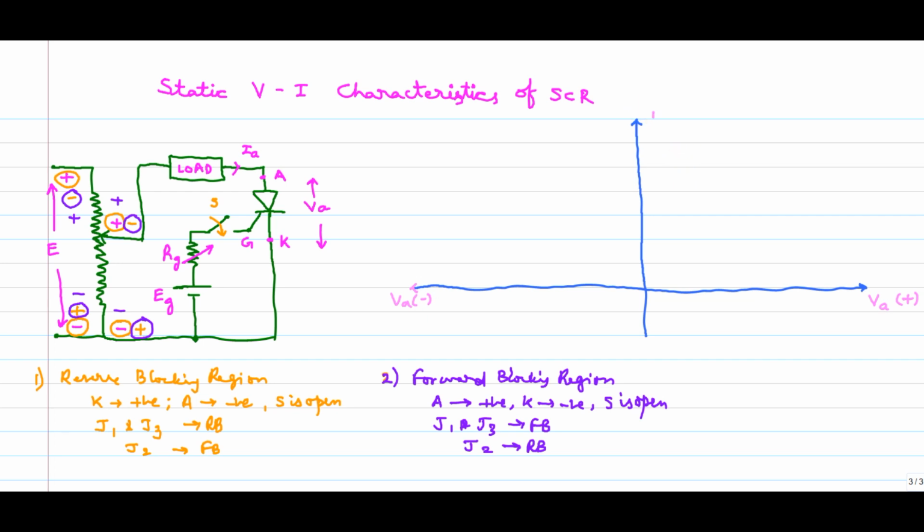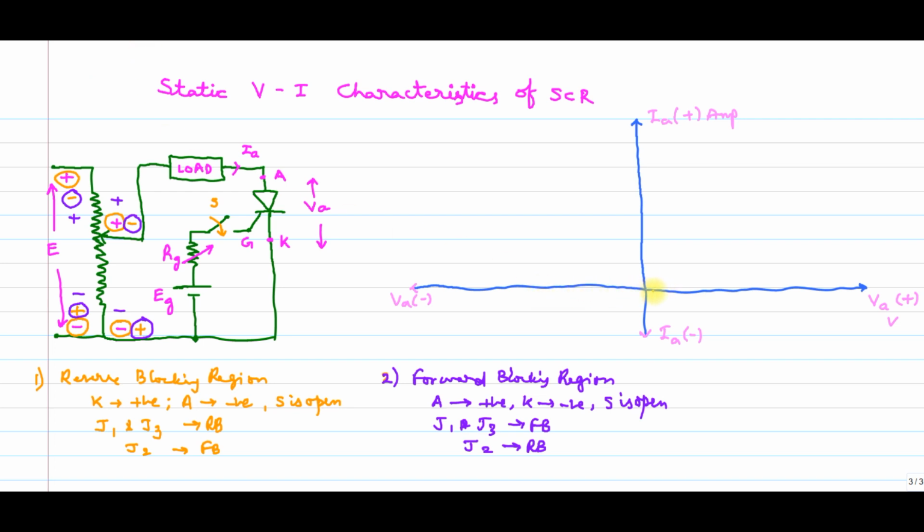This is IA, current on the positive side, measured in amperes. This is measured in volts, and this one is IA minus. Now we will see how the reverse blocking region, forward blocking region, and forward conduction region will appear.